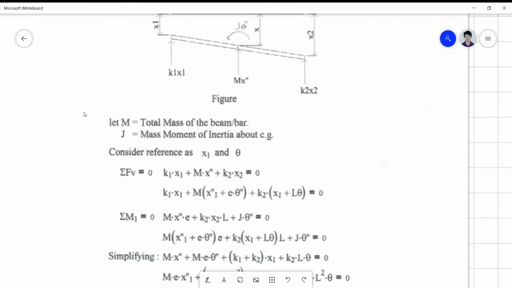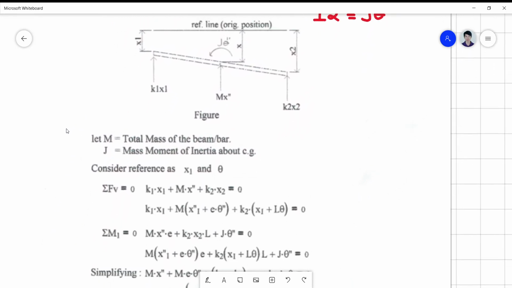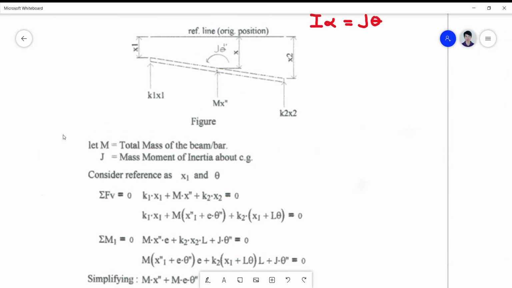So consider now the reference as your x1 and theta. Your choice of reference depends on how you want the particular variable to be solved. In this case, we want x1 and theta to be the primary variables.